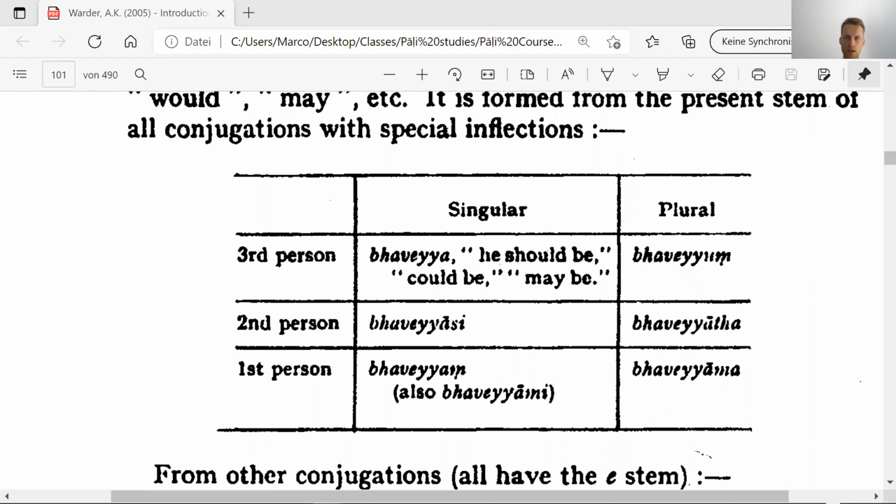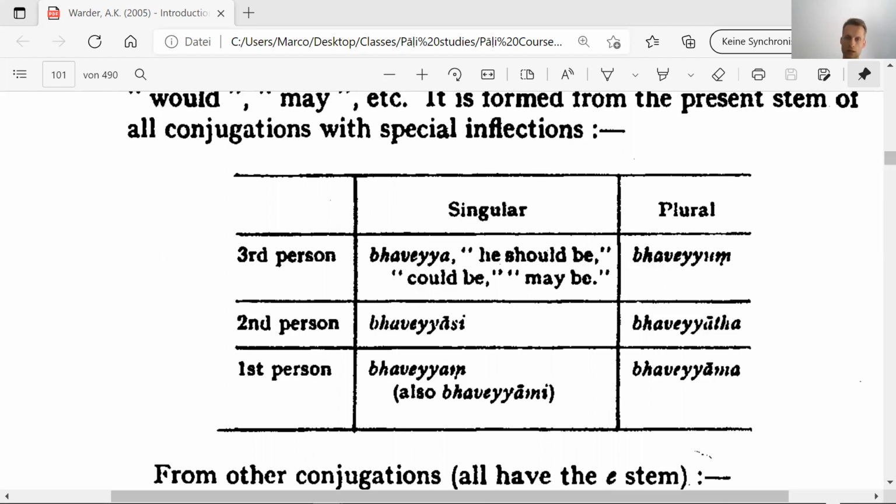Now the optative can express hypothetical action, probability, which is by far the most usual, or possibility as well, supposition, and then it can be rendered with words like should, would, could, may, or might. Second, it can also express mild form of a command or strong injunction, as well as a prohibition.